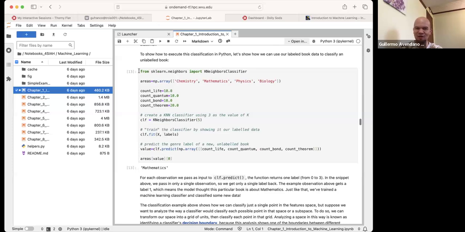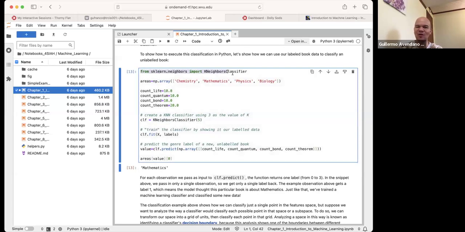You can see here I'm using one of the libraries in Python, scikit-learn. It is everywhere, in containers, even for deep learning. It's a popular library for machine learning. It is constrained in the size of the problems you can deal with.